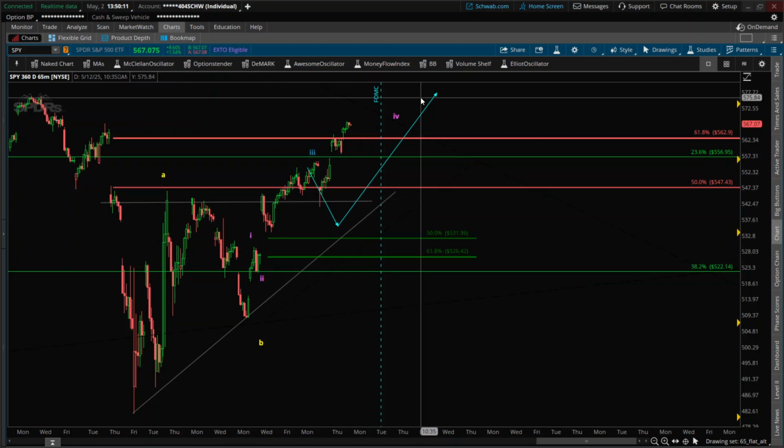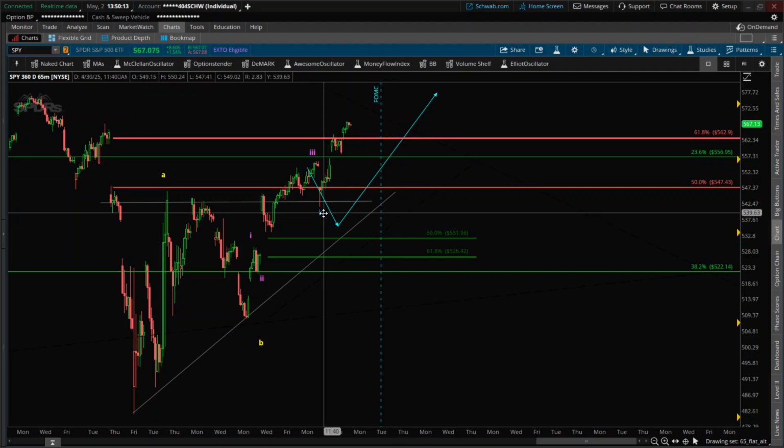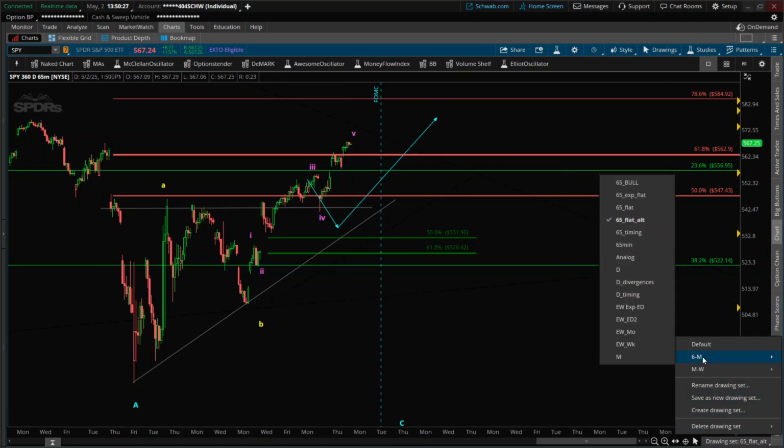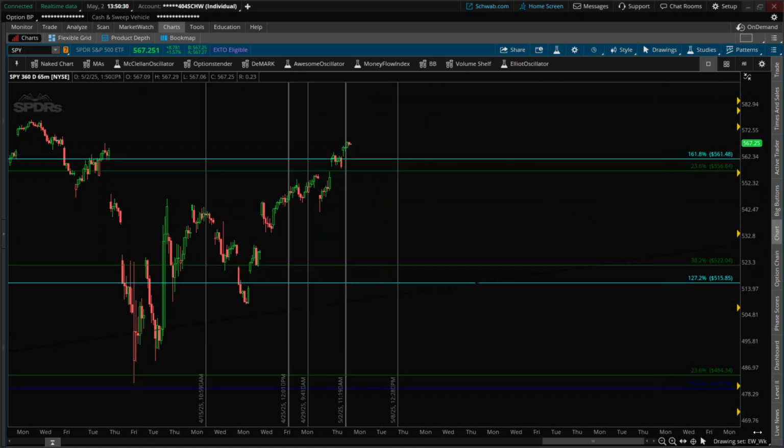You got your 4 correction, and here's your 5 right here. So I use this board because these were all set up here, and that would be the end of it coming up imminent.